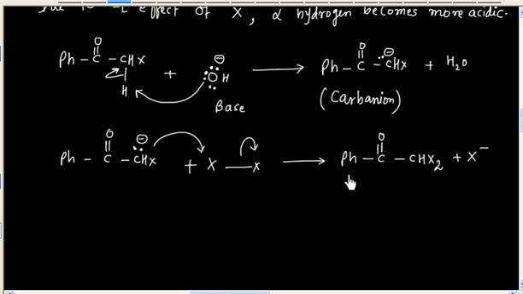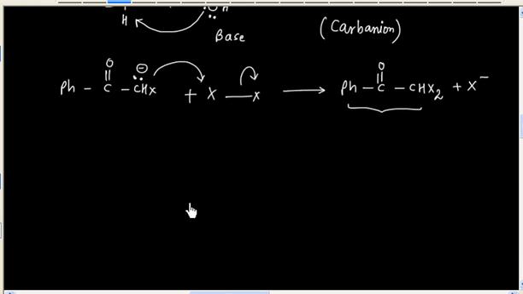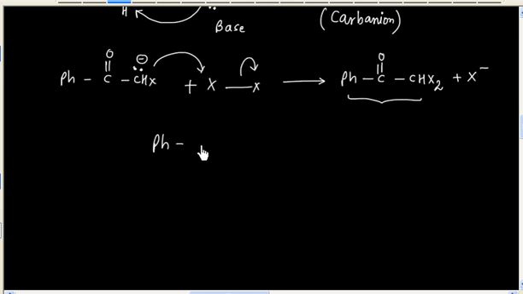Now if you see this compound, it still has an alpha hydrogen. And this alpha hydrogen is very acidic. And this is because of minus I effect of 2 halogen. So this is very acidic.